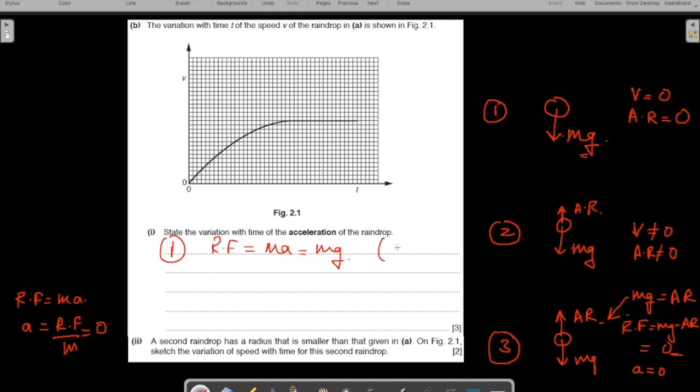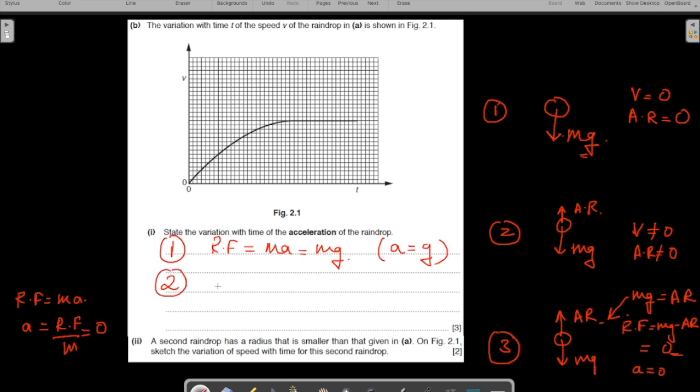So what does it mean? Acceleration was g. When it just took a drop, the formula for resultant force is ma, and if you look at the situation here, the resultant force is only mg because there is no upward force. So that means acceleration is g.